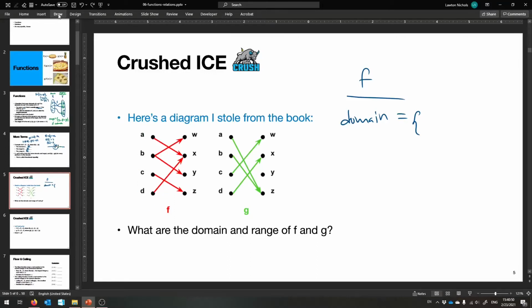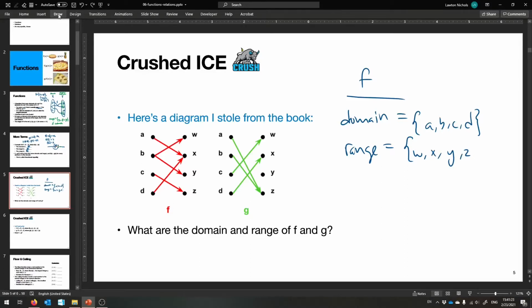So it's a, b, c, d. And then the range is all the things that are being mapped to from somewhere. So that happens to be everybody here, because it looks like everybody's getting mapped somewhere. Yeah? So that is the idea. The range would be W, X, Y, and Z.